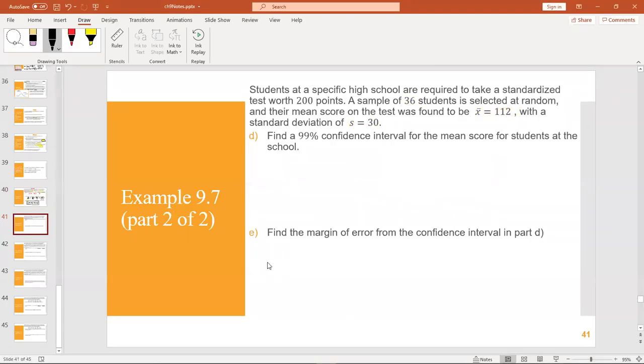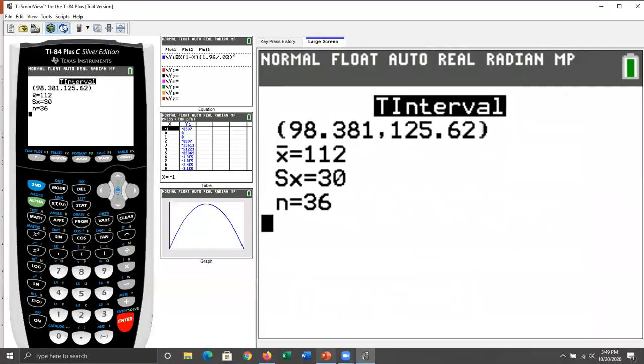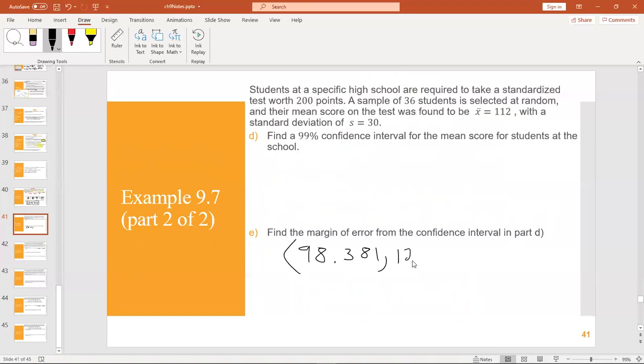You get 98.381, and what's the other one? 125.62. And that actually is supposed to go up here, but that's okay. So that goes up there.